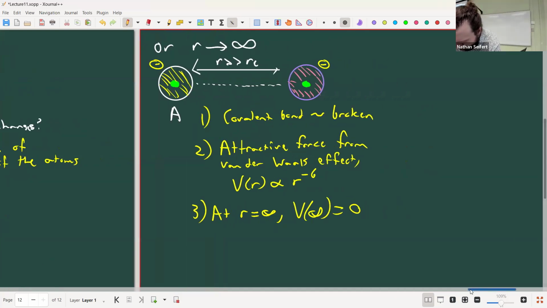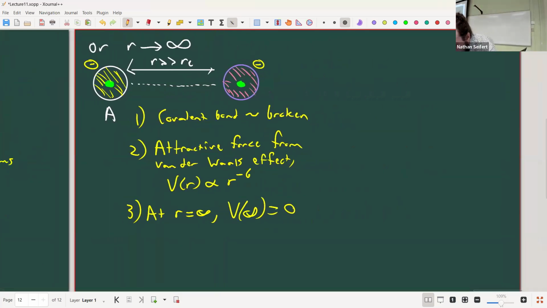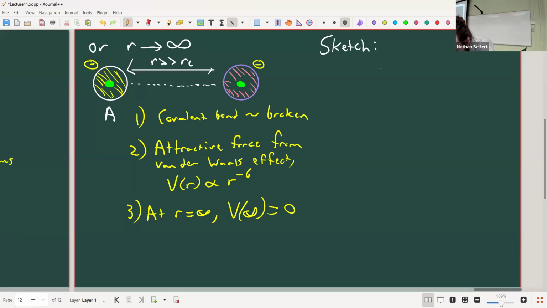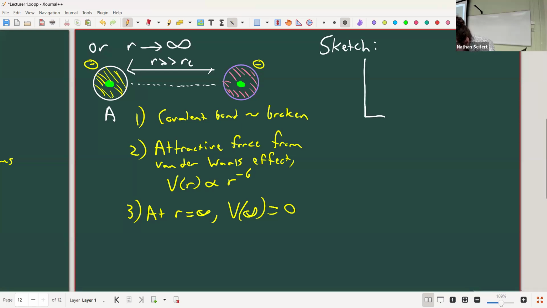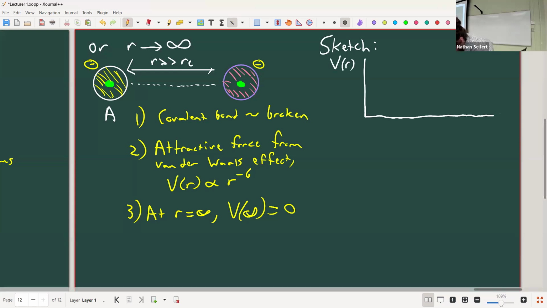All right, so let me draw that function for you now. A sketch of the function. We'll plot V of R here, against R, and we'll mark some point R sub e.